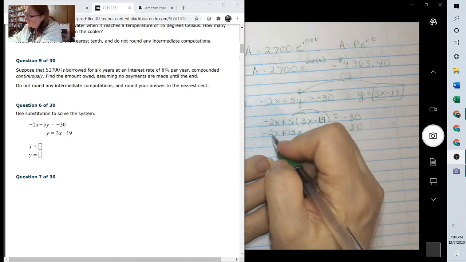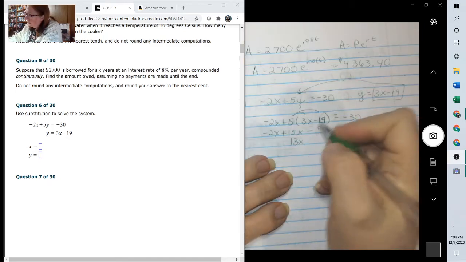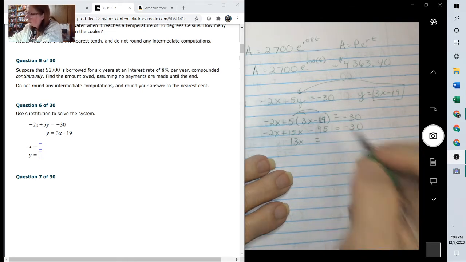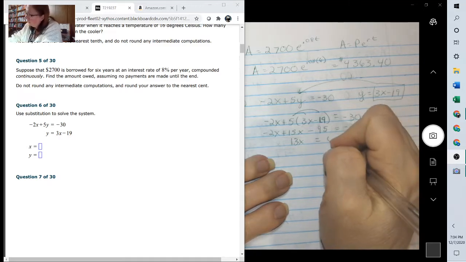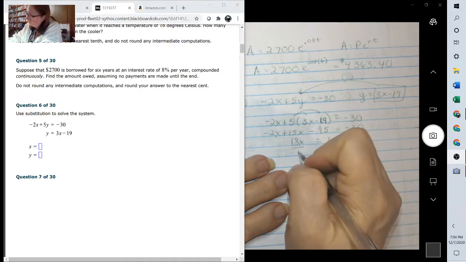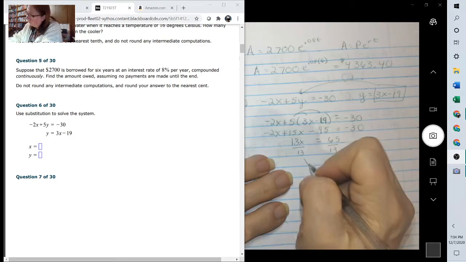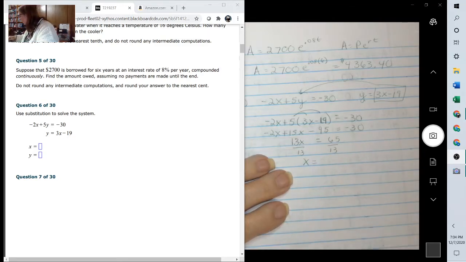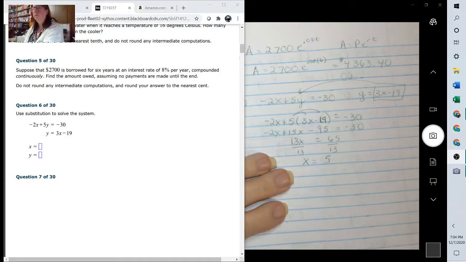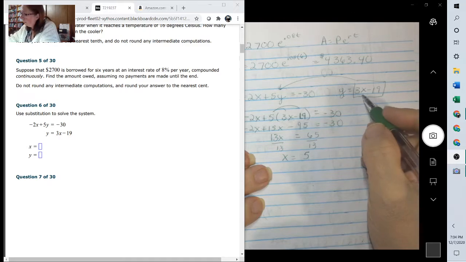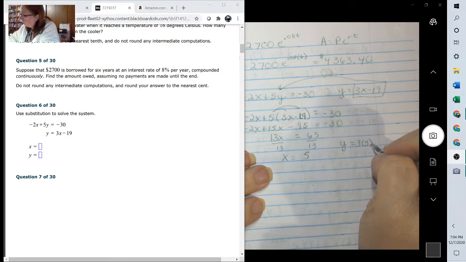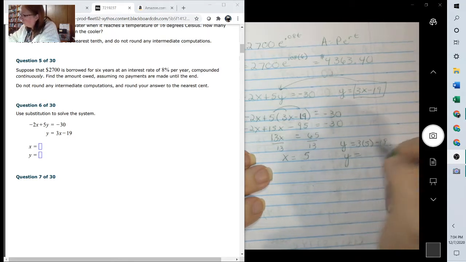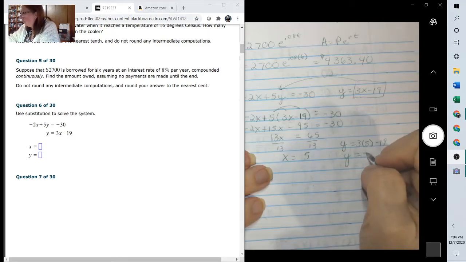Combining these two, 13x, adding this to the other side, gets us 65. X is 5. And then we can plug it back in here. 15 minus 19 is a negative 4.